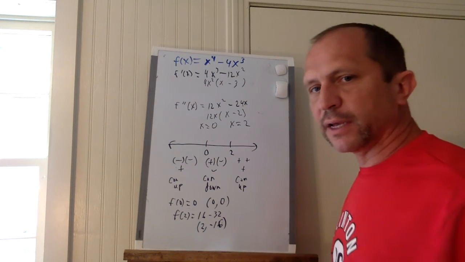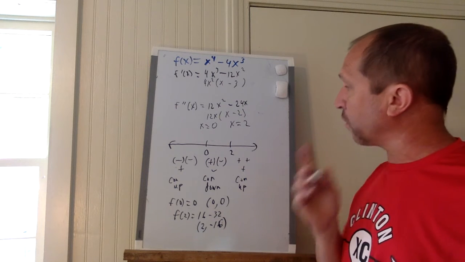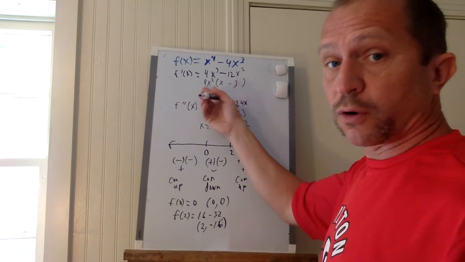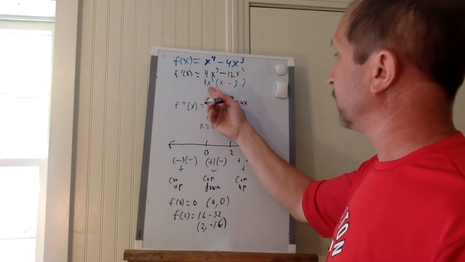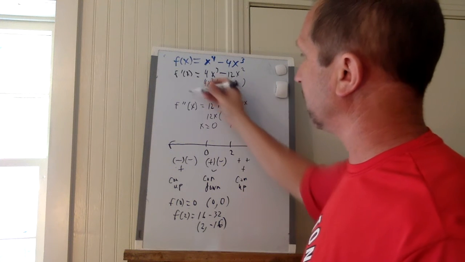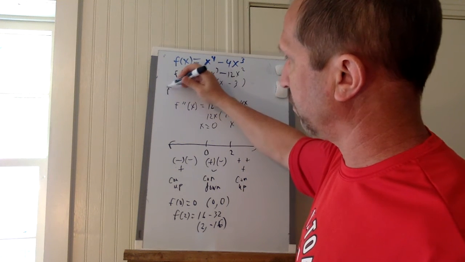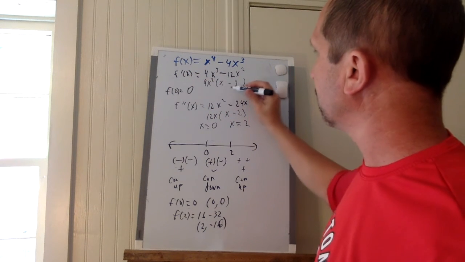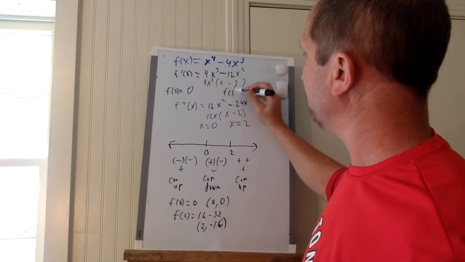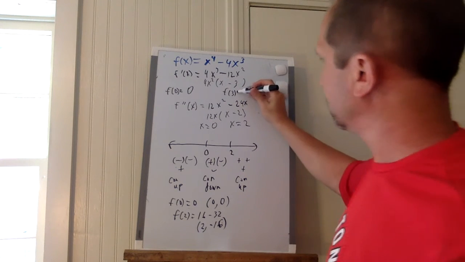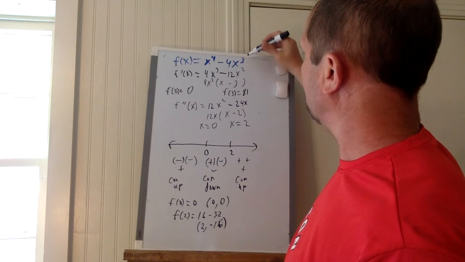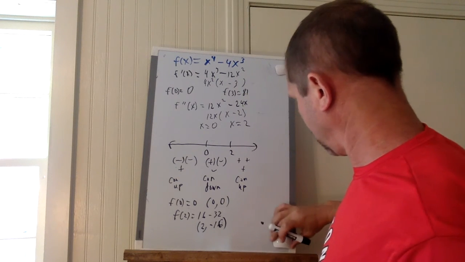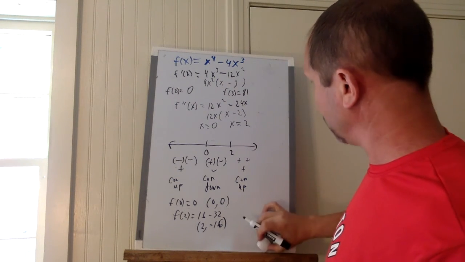Now let's go all the way and look at what this would be as a graph. Again, let's take these values here for our critical numbers. 0 would be one of the critical numbers. 3 would be the other one. So we have f of 0, which is 0. We solved that earlier. Now, f of 3, 3 to the 4th, is 81 minus, okay, 3 cubed is 27. 27 times 4 is 108.